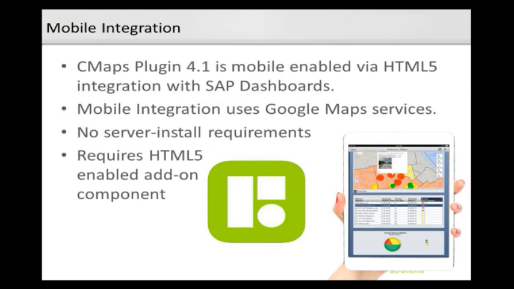So the idea is, inside of SAP Business Objects Dashboards, you can take your existing dashboard designs, save those directly to the BI 4.1 platform, and then those same dashboards are accessible via mobile device. The translation to HTML5 is actually carried out by SAP Business Objects Dashboards. We have created an HTML5 equivalent of our existing mapping capabilities and embedded that inside of the component. So for customers and developers, this process is seamless.